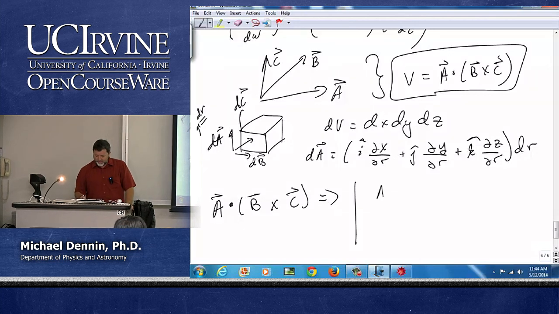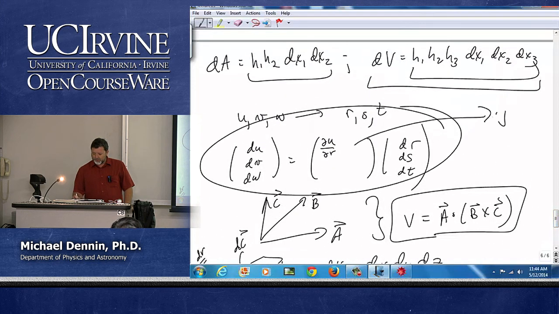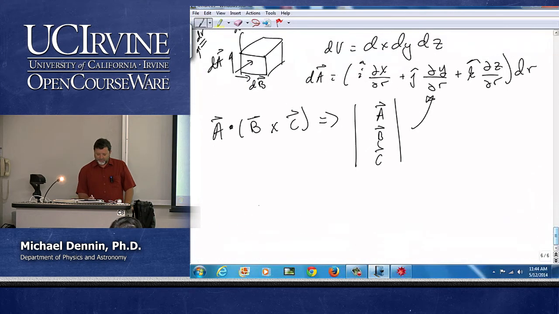It all comes together. If I put A, B, and C in a matrix, it's just the determinant of that matrix. So if I put these partial derivatives into a matrix, like I do here, which we call the Jacobian, then fundamentally, the volume element dV is the determinant of the Jacobian times my new variables dr, ds, dt.